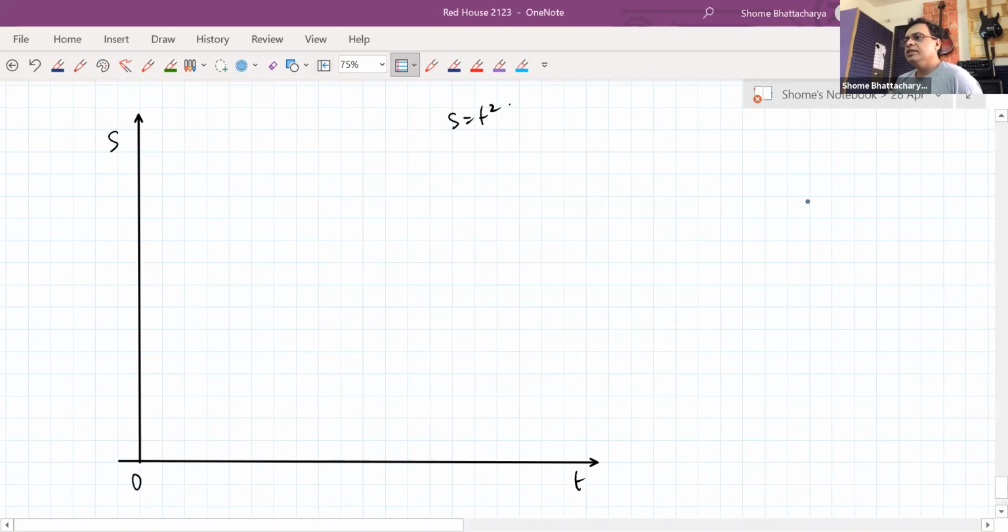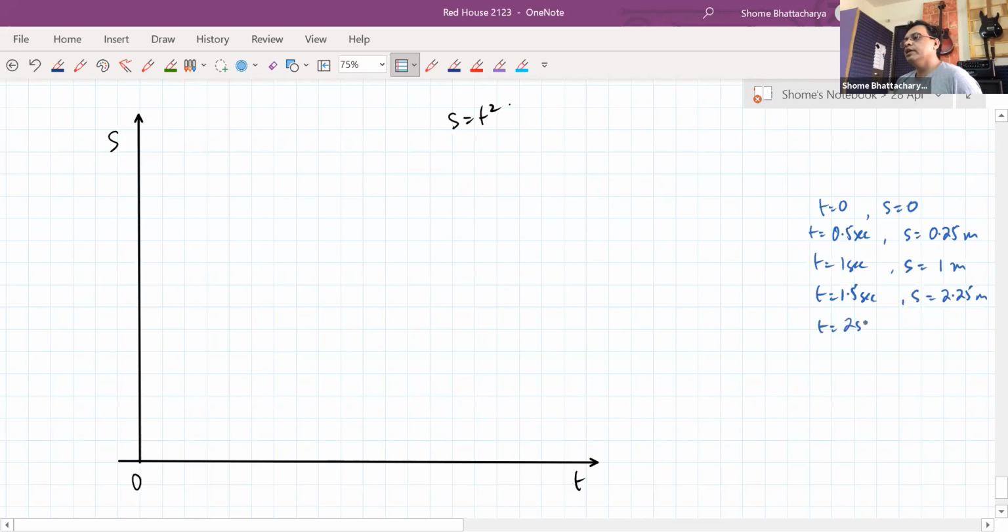So if you start taking a set of values, now you will realize why the graph will be like this. At t equal to 0, s is equal to 0. At t equal to, let's say, 0.5 seconds, s would be 0.25 meters. Then t equal to 1 second, s would be 1 meter. At t equal to 1.5 seconds, s would be 2.25 meters.